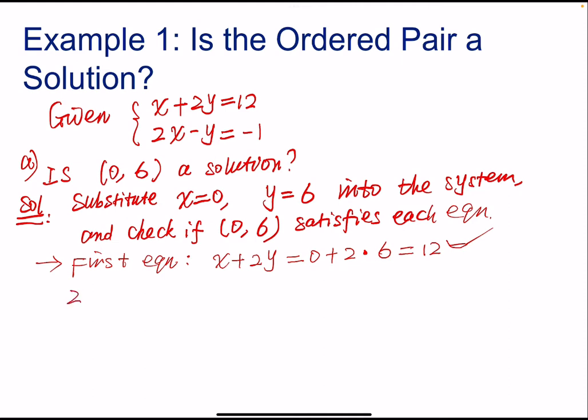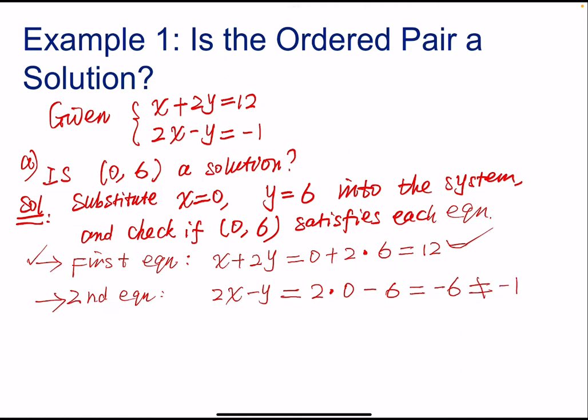So let's check the second equation. The first equation is okay. Second equation, 2x minus y, the left-hand side of the second equation, and plug in x equals 0 and y equals 6. So 2 times 0 minus 6 is 0 minus 6, which is -6, which is not equal to -1.